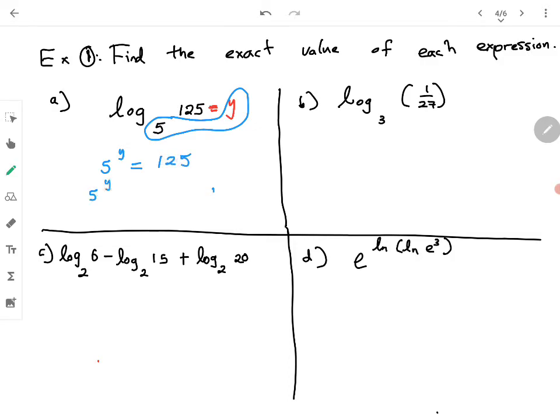Now our goal is to find y. So now write 125 as a power of 5, which is 5 to the third or 5 cube. Because the bases are equal, the exponents are equal. So y is equal to 3. So log 5 125 is equal to 3.